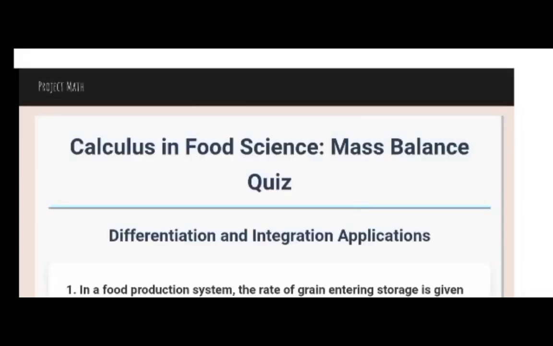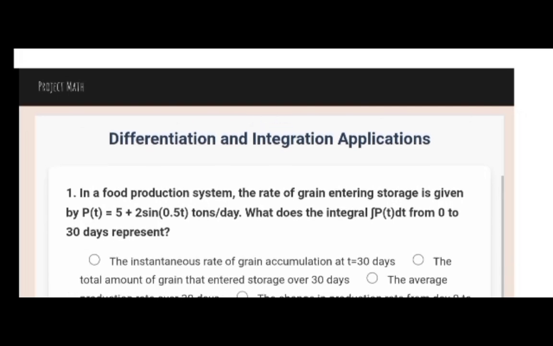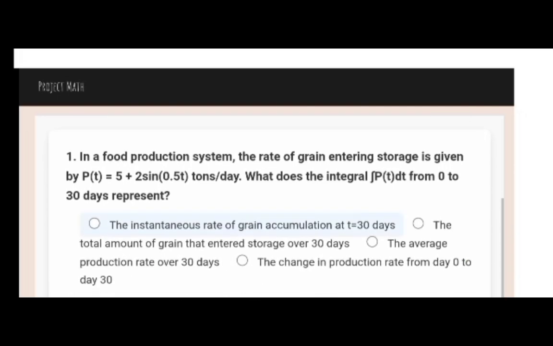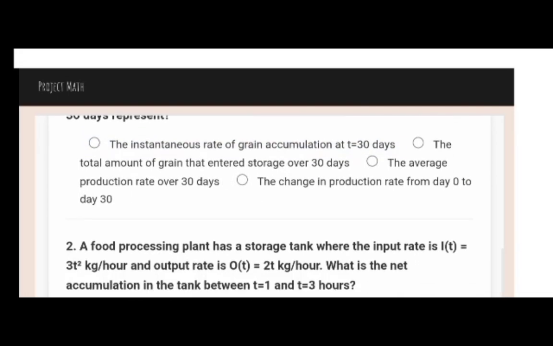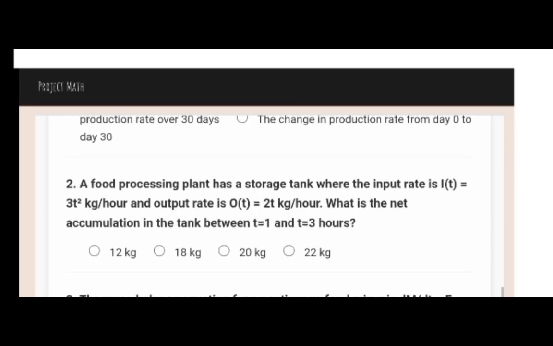Lastly is about calculus in food science, which is the mass balance quiz. From this quiz, we can test real world understanding, as mass balance in food systems often involves continuous change.